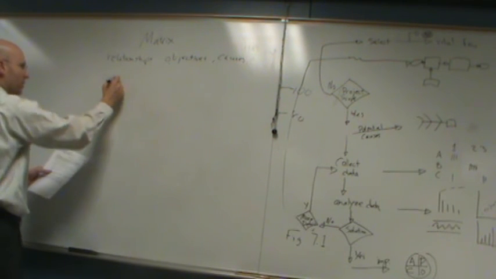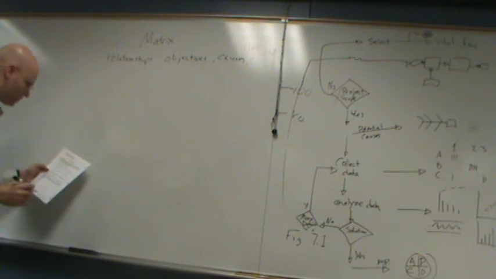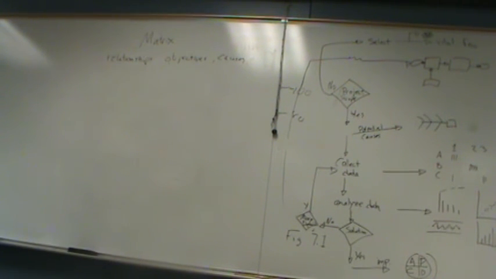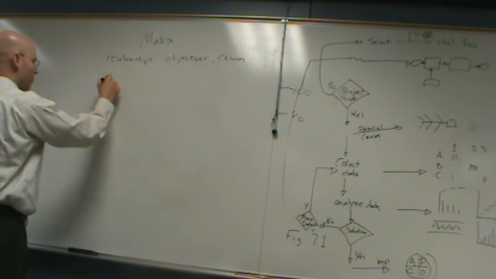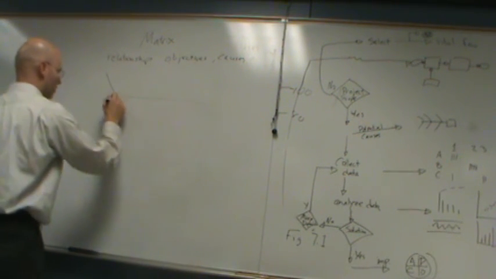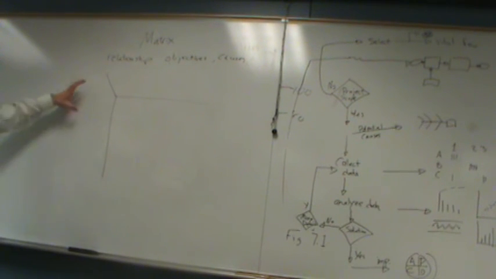All right, so I'm trying to decide how much depth we need to go into this. Let's just show a picture here. So this is an L-shaped one I'm going to show you first.